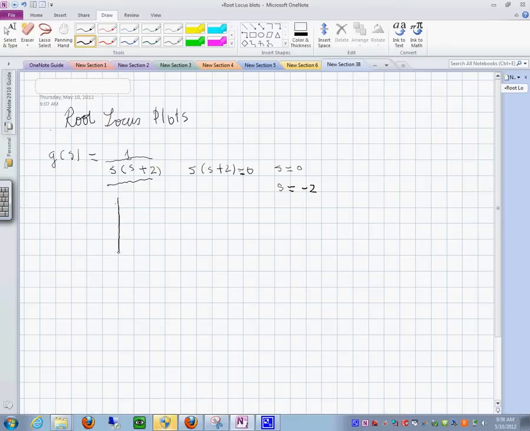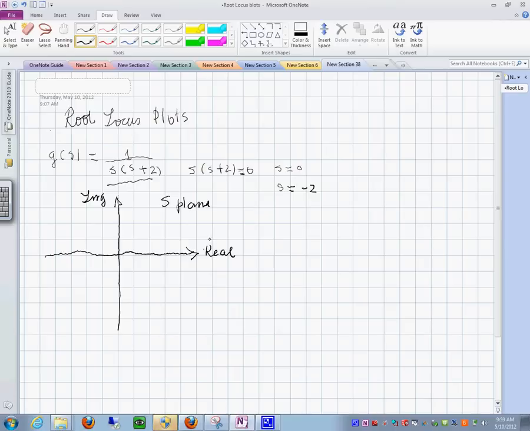So how do you plot this? If you plot this in the S-plane, like this is an S-plane, this is the imaginary side, this is the real side.